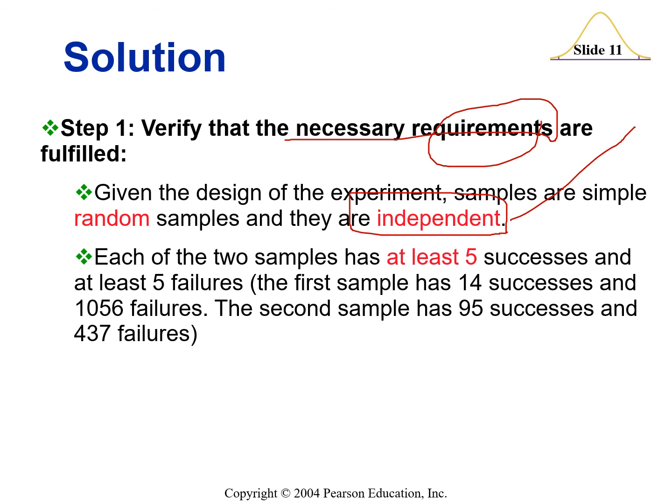The second requirement is that for each of the two samples, we should have at least 5 successes and 5 failures. 14 successes in one and 95 successes in n2, with a lot of failures in both samples.